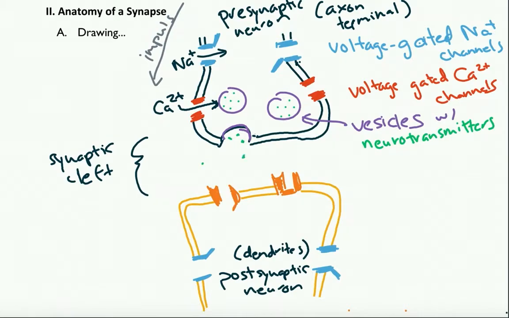So all the vesicles are going to start dumping neurotransmitters. That's going to allow the neurotransmitters time to diffuse across the synaptic cleft, and then when it binds to one of the channels on the opposite side, and these channels are opening based on the binding of a chemical molecule, not electricity, not voltage, that's going to cause this channel to swing open and allow, this time, sodium on the outside to travel through.